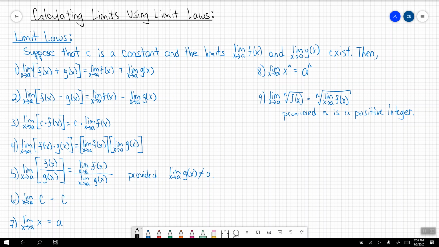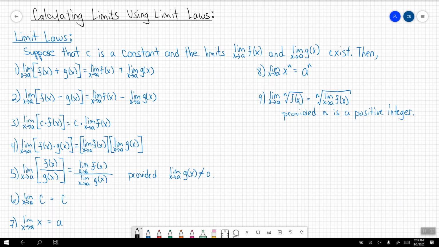Number one, when we take the addition of two functions and we apply a limit, then we can separate the functions so that we can find the limit of each individual function first and then add those results. Number two says the exact same thing, except we do it for subtraction.